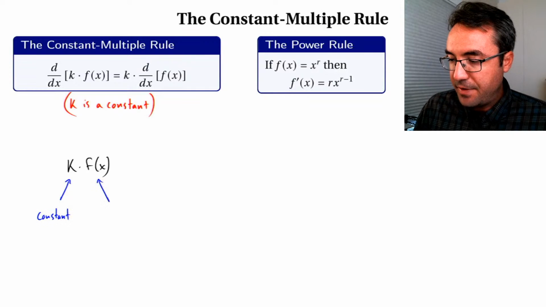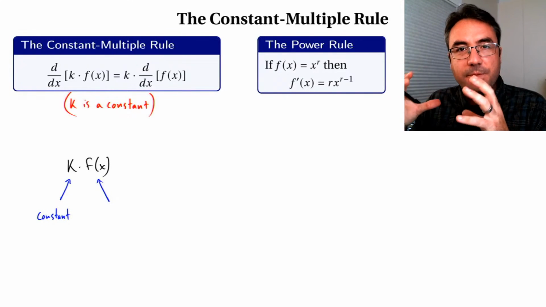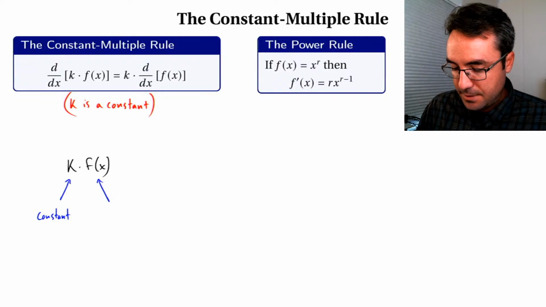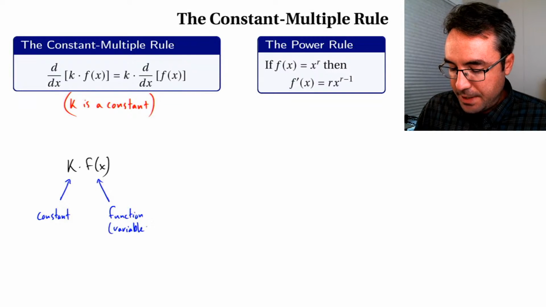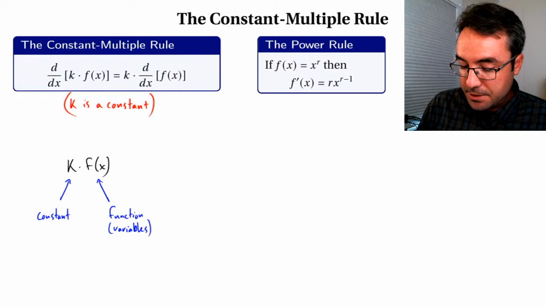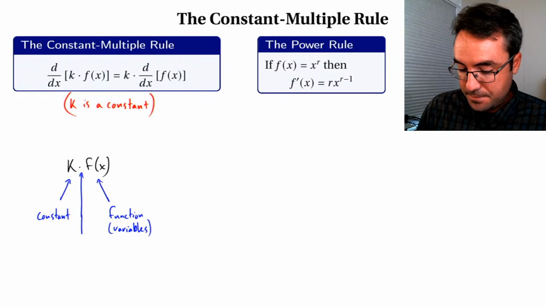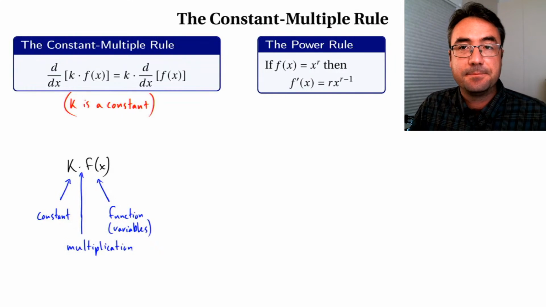We can think of f of x as our function, but really it's our variable term. That's where the variables are. And then in between our variables and our constant there's a multiplication sign. So we're multiplying a variable by a constant.